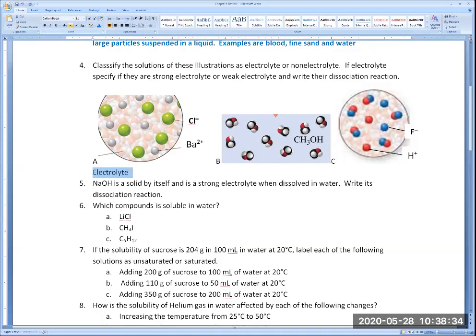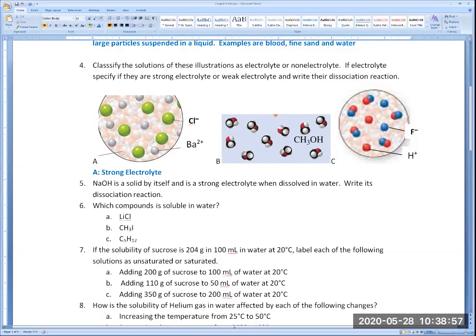And it's a strong electrolyte. So let me emphasize that it's a strong electrolyte because if you look at A, the first illustration here, A is a strong electrolyte.